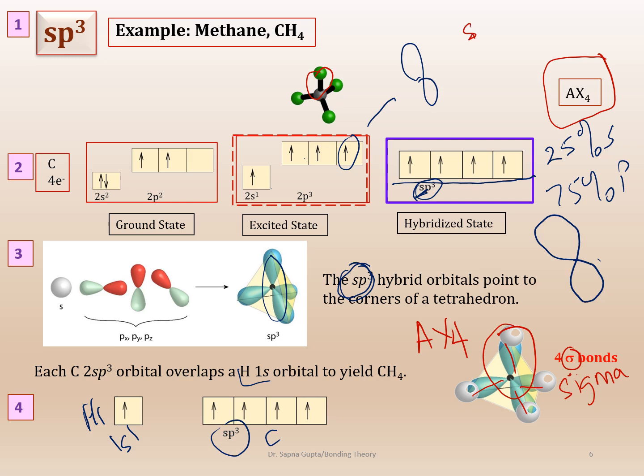I have a separate slide for you too, but sp3 hybridization is AX4 and all the things that go with AX4: tetrahedral shape, 109-degree bond angle, all of that goes with any tetrahedral or AX4. That has not changed. The only thing that has changed is that the 4 bonds are hybridized. This is sp3.